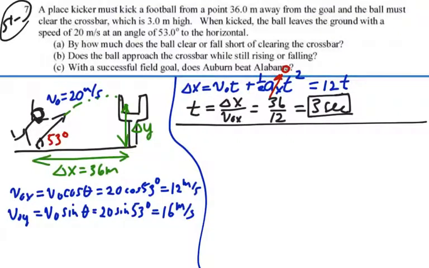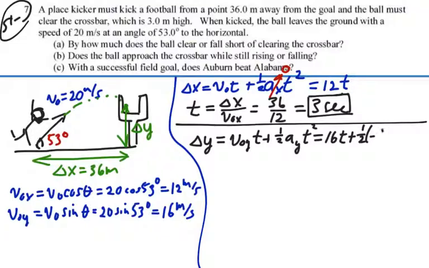How high is the ball at that moment? That's going to be delta y. That's going to be equal to the initial velocity in the y direction times time plus 1/2 acceleration in the y direction times time squared, which is going to equal 16 times t plus 1/2 times a negative 9.8 times time squared. Since the y direction is going positive in the up direction, our acceleration would be a negative 9.8.